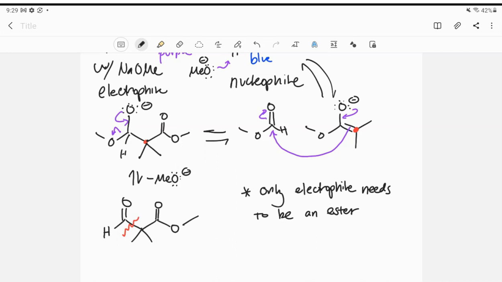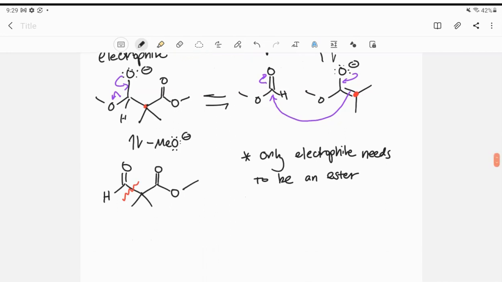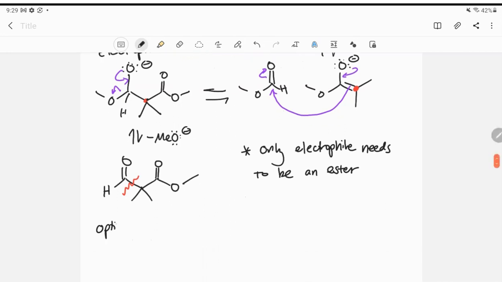And in this case, we'll do option 2. So option 1 was have no alpha protons on one of them. Option 2, just like before, is use KH or LDA instead.